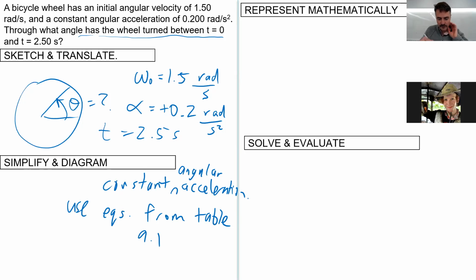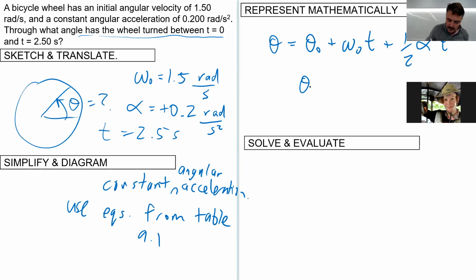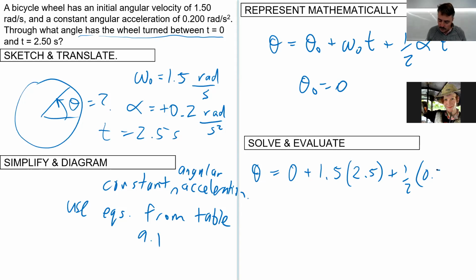There's not really a diagram for simplifying, but basically let's use that theta is equal to theta 0 plus omega 0 times t plus 1/2 alpha t squared. That's the one I would use. And just set theta 0 equals 0. And so theta is equal to 0 plus 1.5 radians per second times 2.5 seconds, plus 1/2 of 0.2 times 2.5 squared.